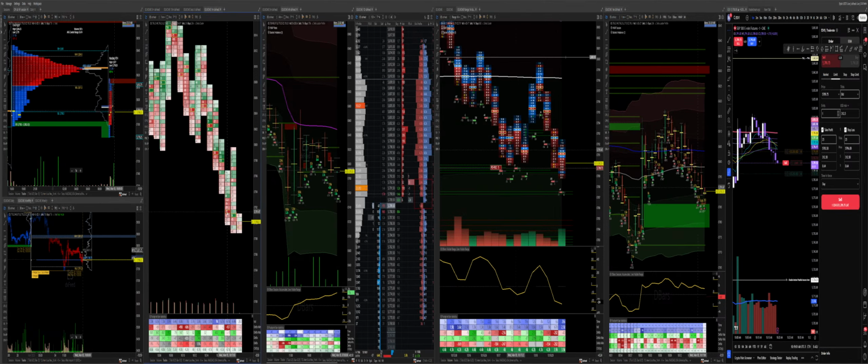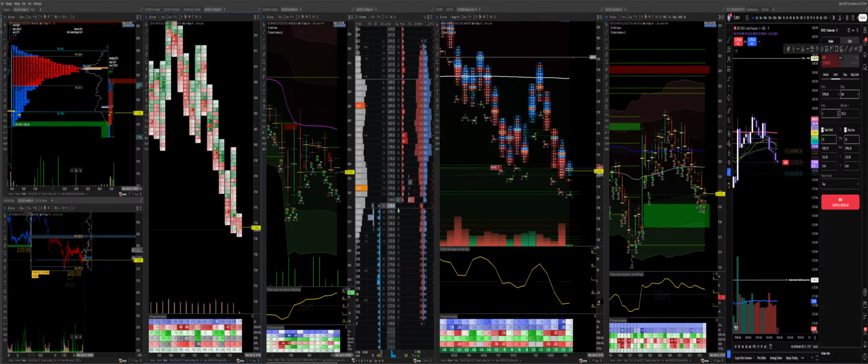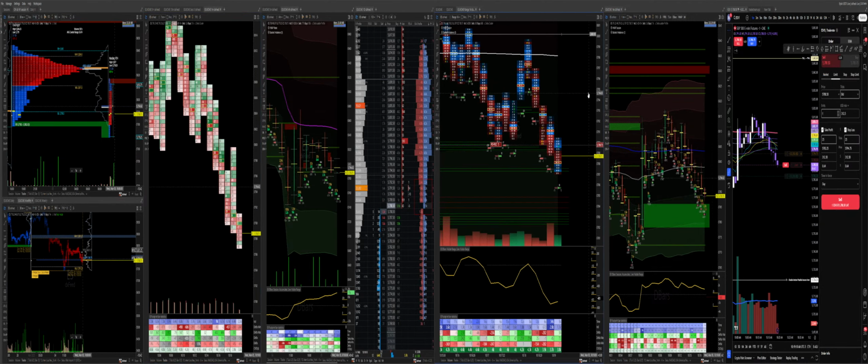Got a nice heavy delta here, positive. We might bounce actually a little bit. If the books get a little bit thicker on the buyer side, I would say yes, but the thickness is all on the sellers.